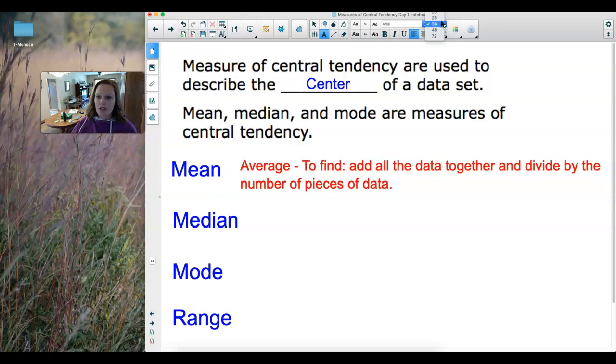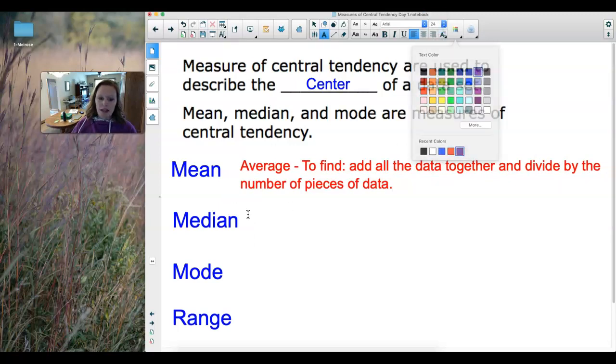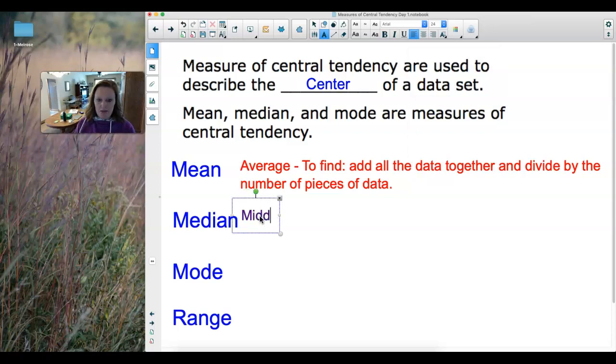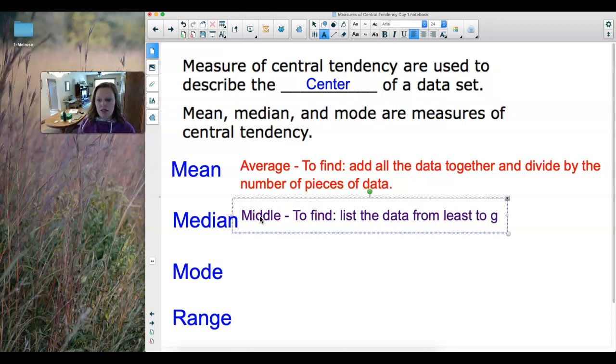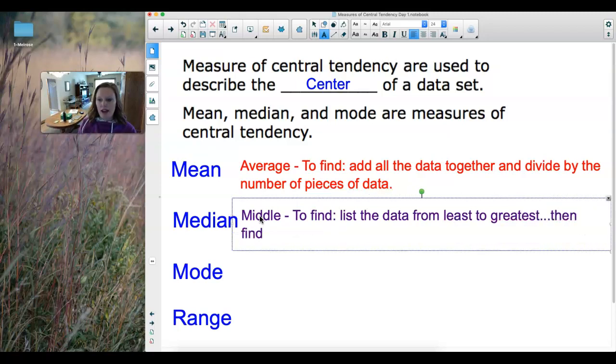Okay, then we're going to talk about median. Another word for median is middle. So in order to find the median, you need to list the data from least to greatest, then find the middle number.